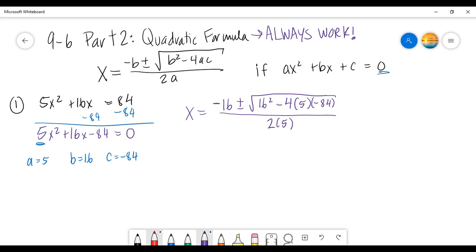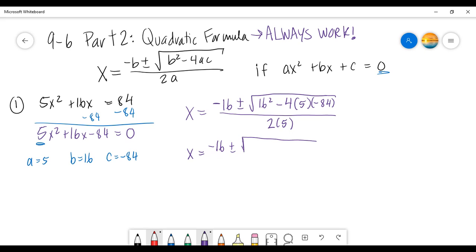Okay, when we evaluate this, the first thing that we're going to do, according to order of operations, is the grouping. So everything inside of the radical. So I'm going to just write what I already know, negative 16 plus or minus, and now I need to figure out what's going on inside that parenthesis.